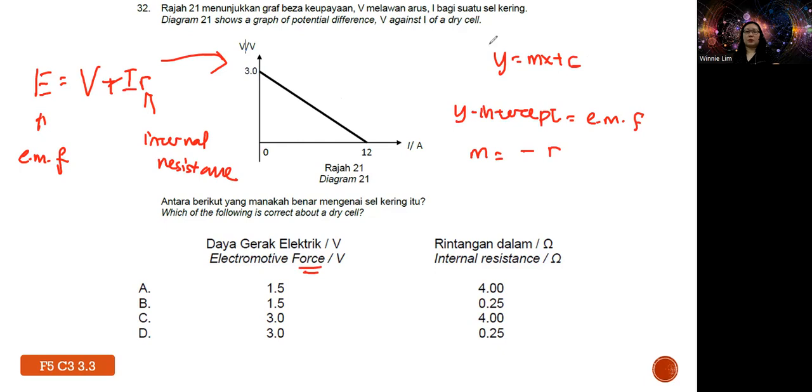This is the EMF, the y-intercept, so it's supposed to be 3. Now to get the internal resistance, you need to find the gradient, but you have the negative first, so this is indeed a negative graph. So you get negative 3 divided by 12, and you will get positive 0.25. So that's why the answer is D.